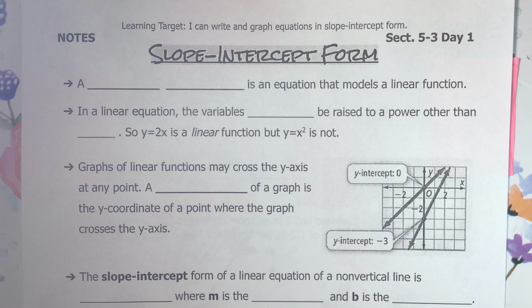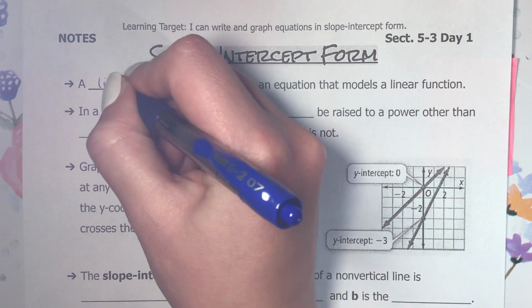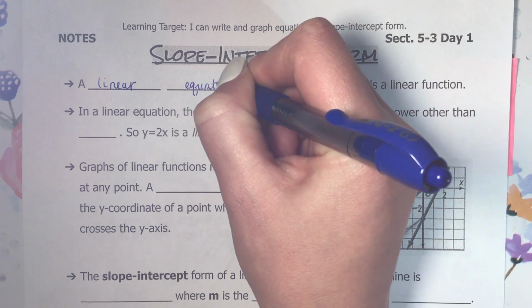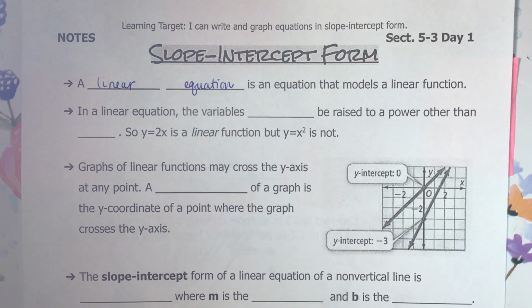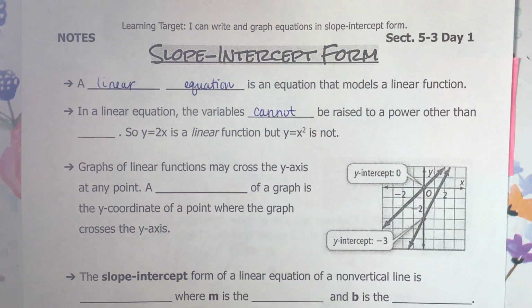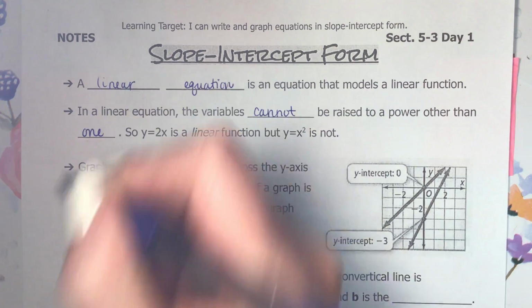First off, a linear equation is an equation that models a linear function. Remember, linear just means straight line. So in a linear equation, the variables cannot be raised to a power other than 1.